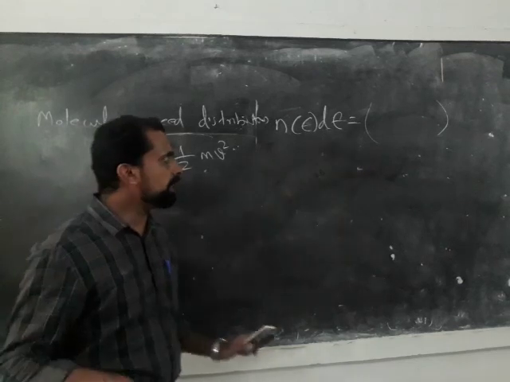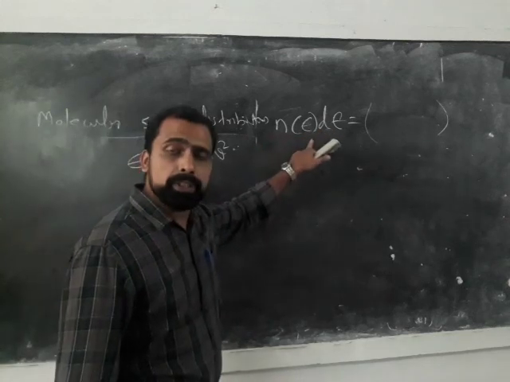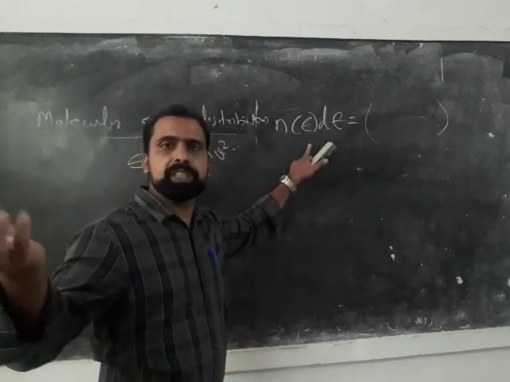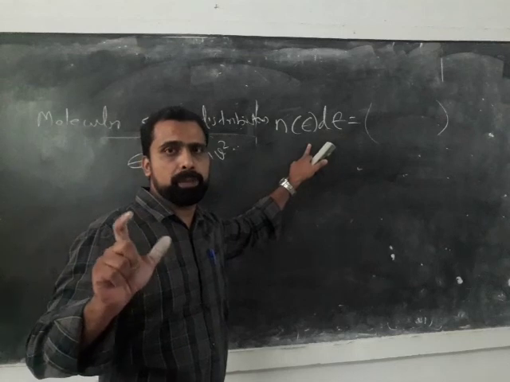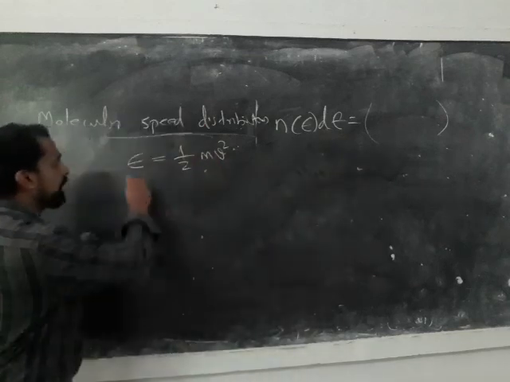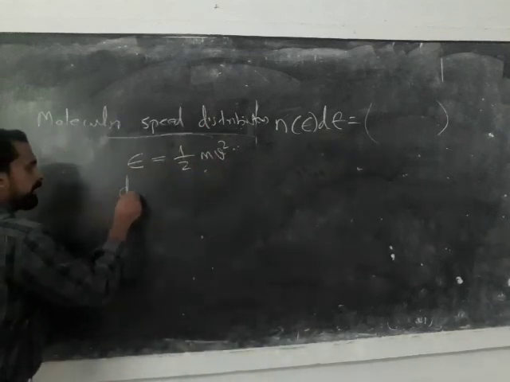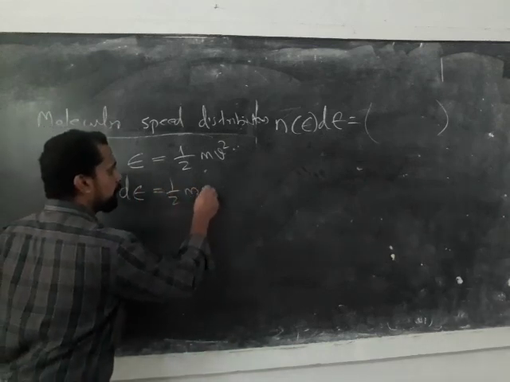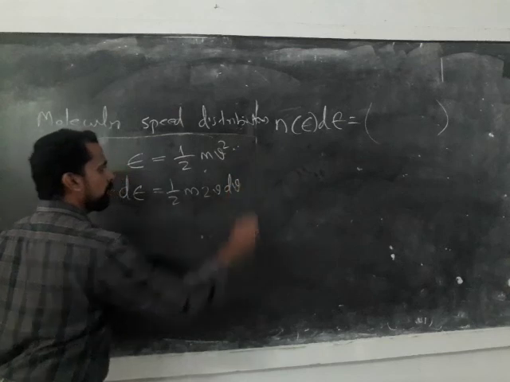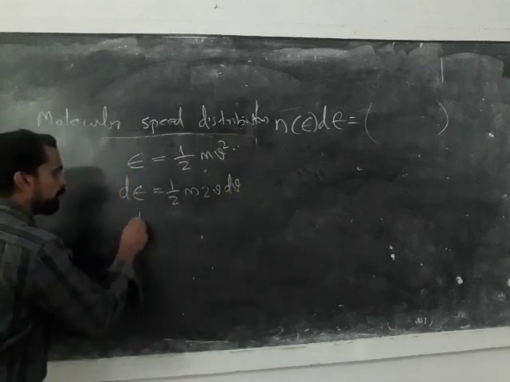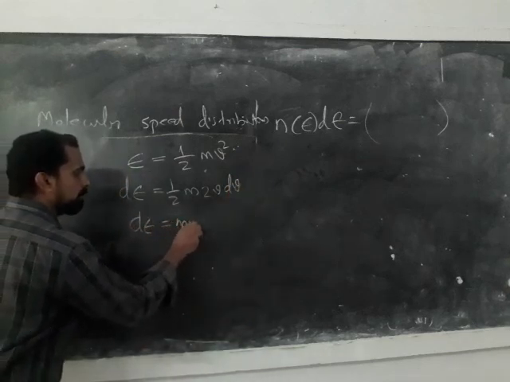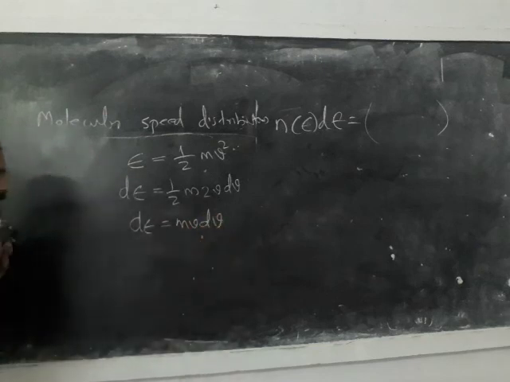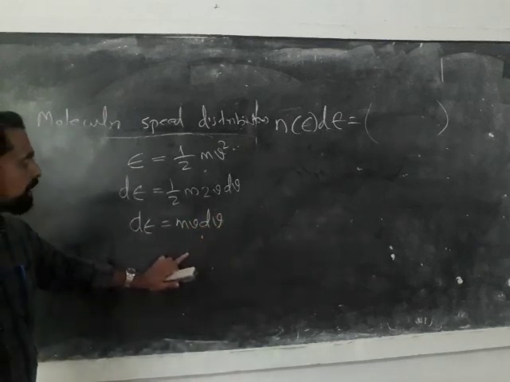So instead of the energy epsilon, you have to change it to velocity. That is our purpose. So here you can write d epsilon is equal to half m 2v dv, or d epsilon is equal to mv dv. Okay, so this is the situation.